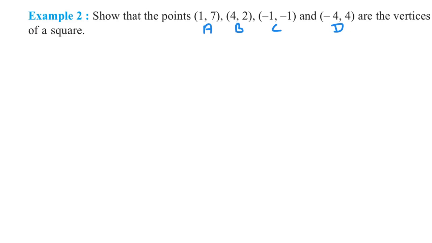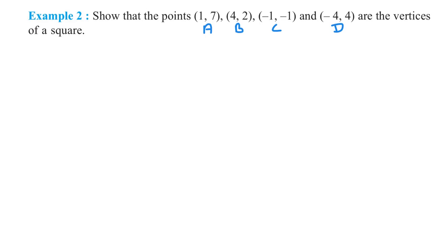When the distances between the points are equal. Say AB should be equal to BC, should be equal to CD and should be equal to DA. And also the diagonals of the square have to be equal. AC should be equal to BD.